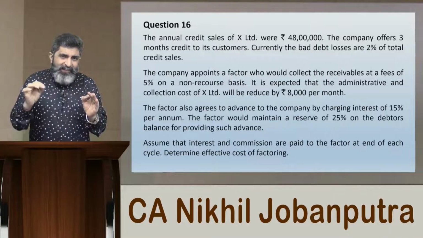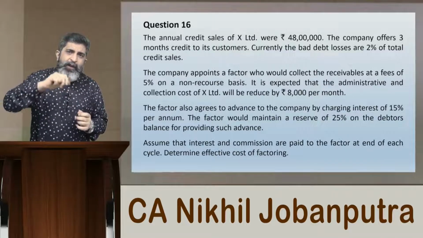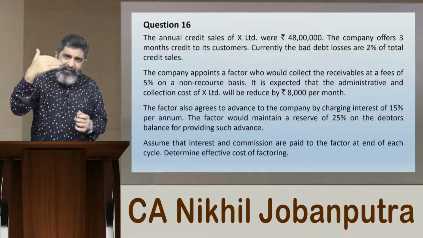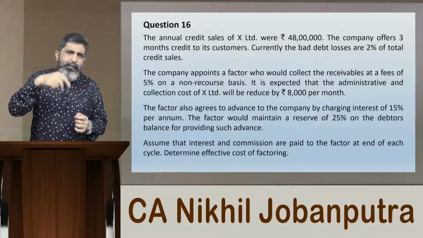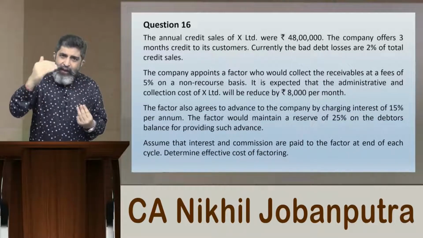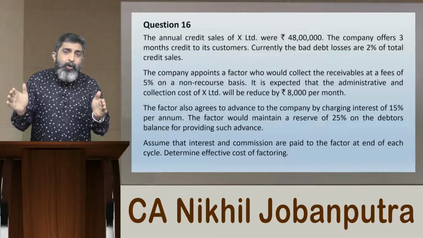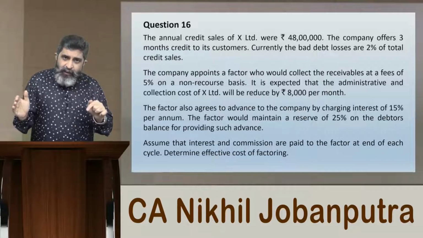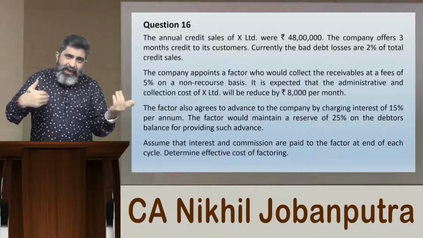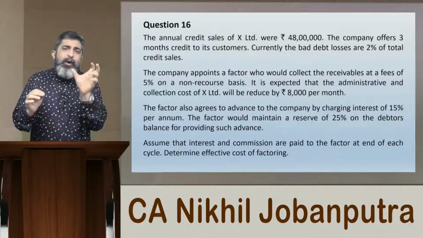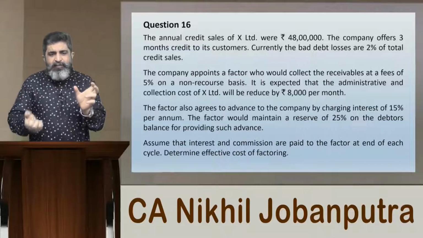So 25% reserve will be 25% of 12 lakhs. 25% of 12 lakhs is 3 lakhs. So 12 lakhs minus 3 lakhs, the amount to be advanced by the factor on which the company will have to pay interest, that will be an amount of 9 lakhs.